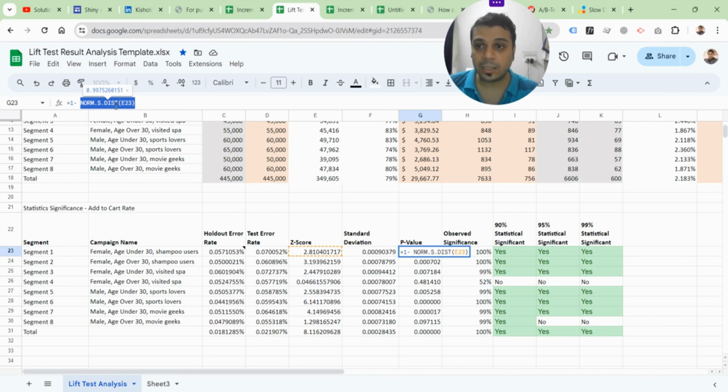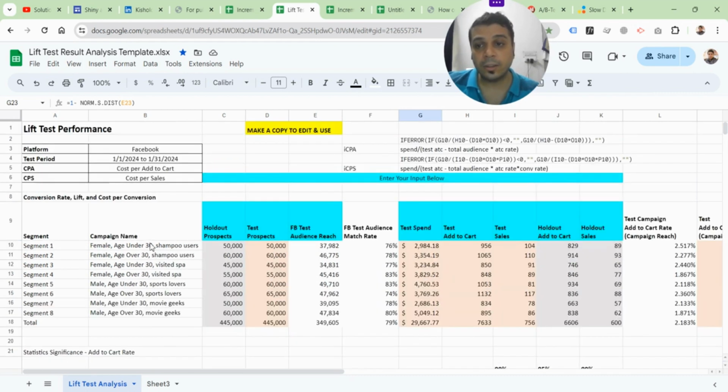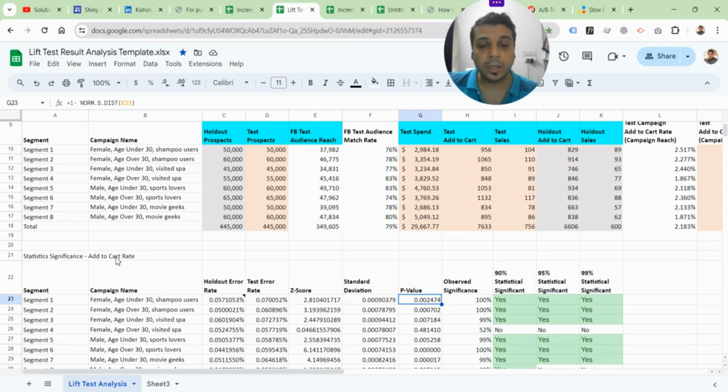So NORM.S.DIST, and you just take the Z-score value of that, and it's going to give you the p-value. Okay, so the p-value is the value at which you can really say whether or not the null hypothesis is going to be rejected. And the null hypothesis in this case is that there is no incremental impact, or no statistically significant impact, of Facebook ad spend on your sales, or in this case on additions to cart.